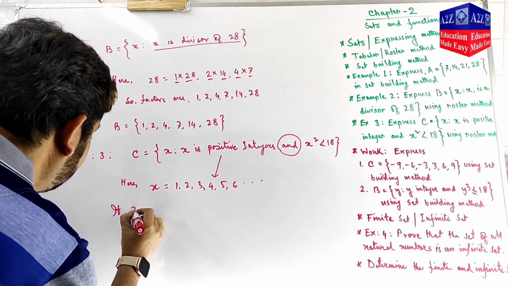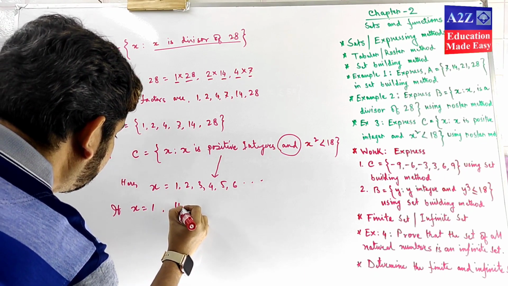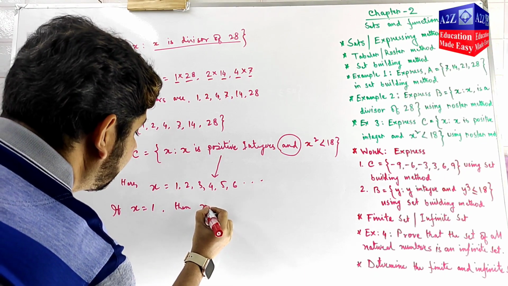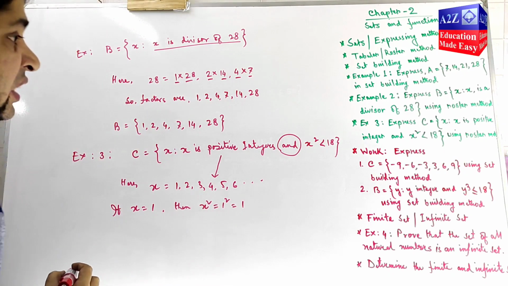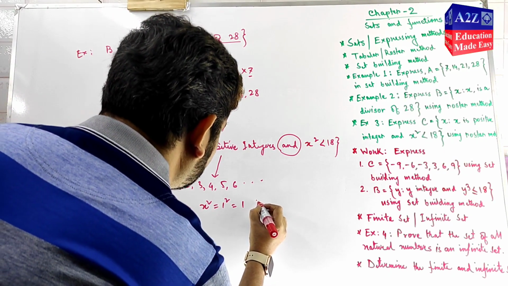If x equals 1, then x square equals 1 square equals 1, which is less than 18.